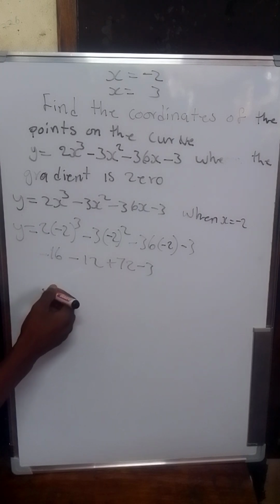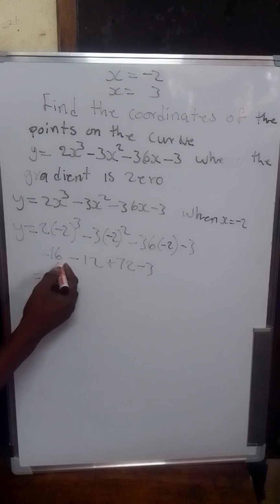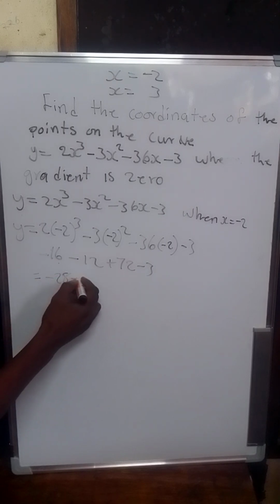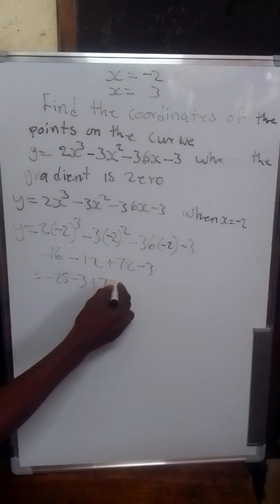Adding these, this gives 8 and this is 2. So we have negative 8 minus 3 plus 72.